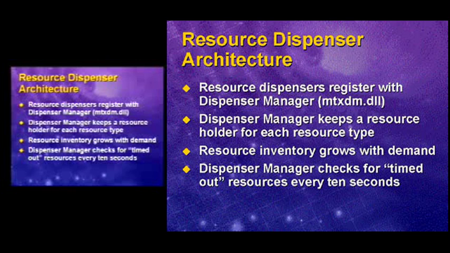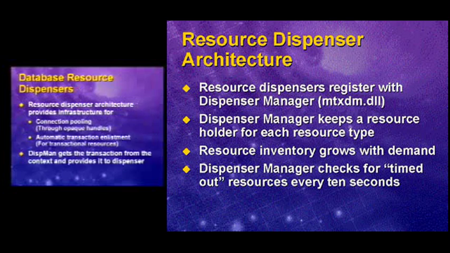The idea being, if I set the timeout value for 60 seconds and I have one person hit my website and want an ODBC connection every 61 seconds, I'm now probably going out and getting a new connection for each one. So that's the governing thing that you can set, and that's actually an entry in the registry that I'll show you where it is later on. But the idea is that the resource grows with demand. Dispenser Manager checks for timed out resources every so often. He wakes up and looks around.